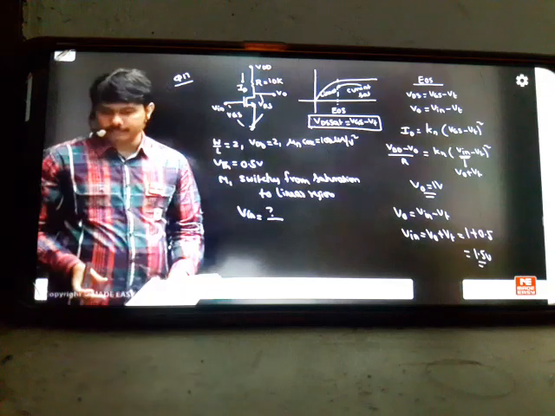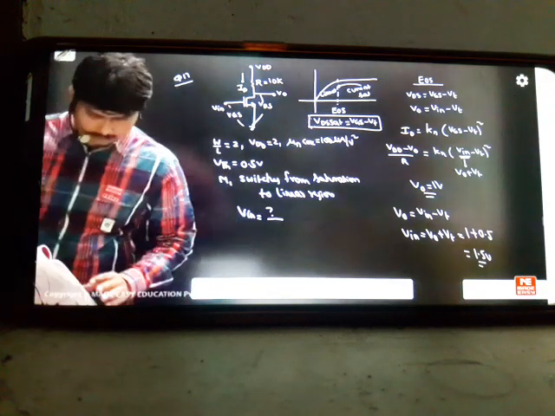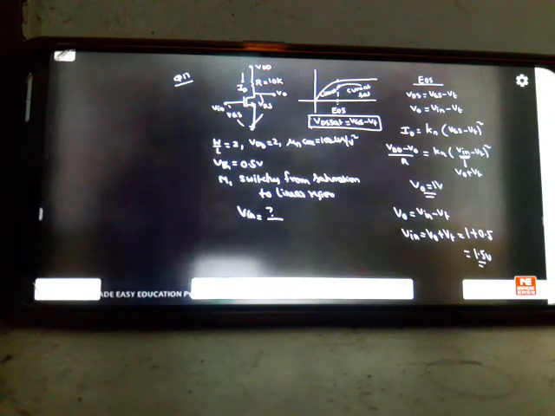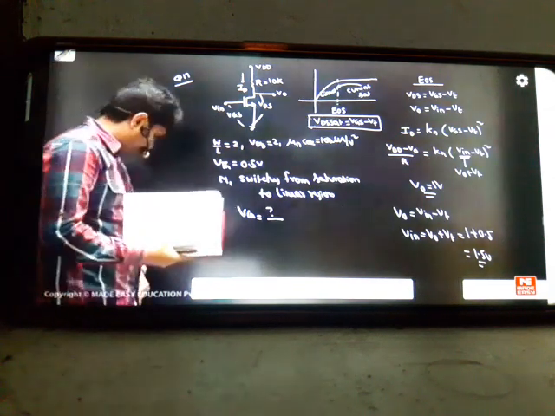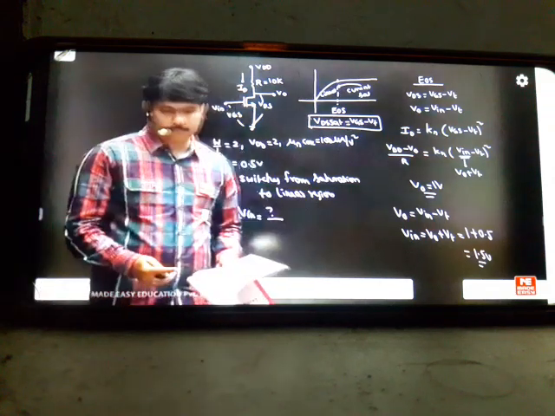PMOS problems they have given. T2, try to solve it one time. So T2 question, please try to tell me how much.